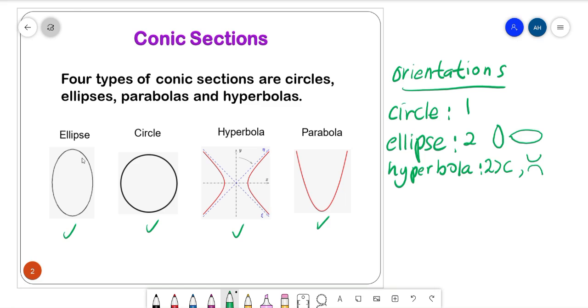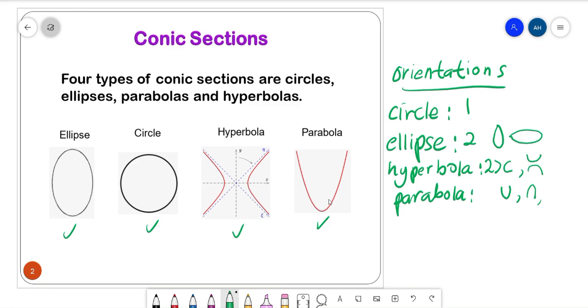Now the last one is the parabola. We want to know how many orientations a parabola has. One of them is like this, where the parabola is opening upwards. The other one is facing down like this.